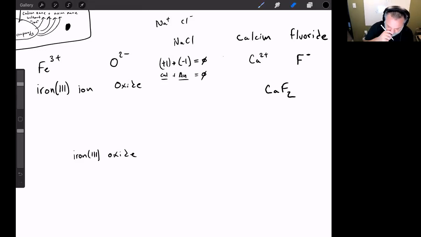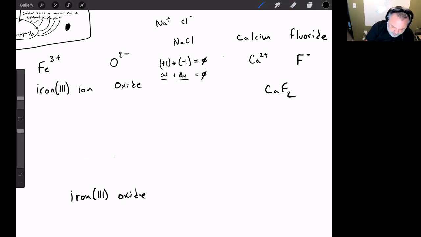Well, let's go back to iron 3 oxide again. How does that work? What I'm going to do is rewrite the formulas and the name. So this is iron 3 oxide here. I know that it comes from an iron 3+ ion and an oxide ion, O2-.